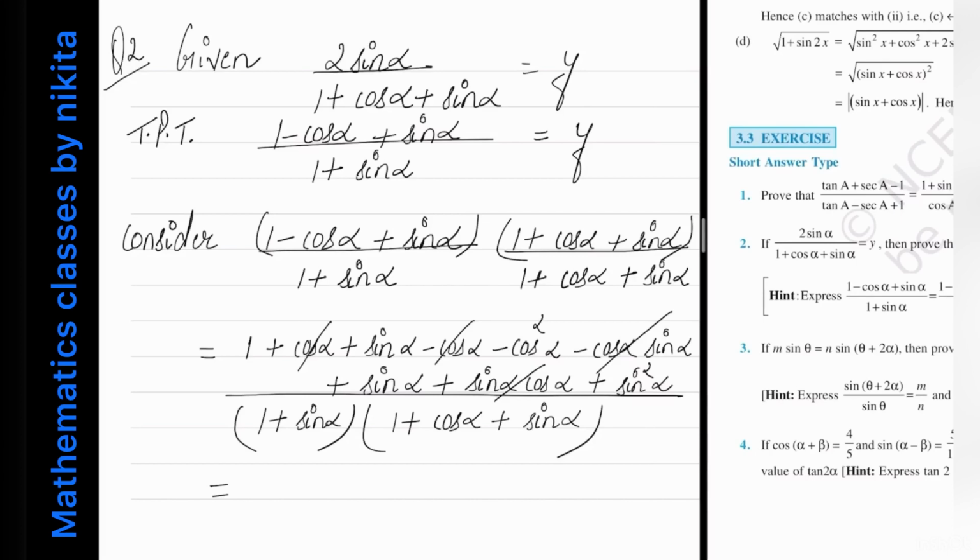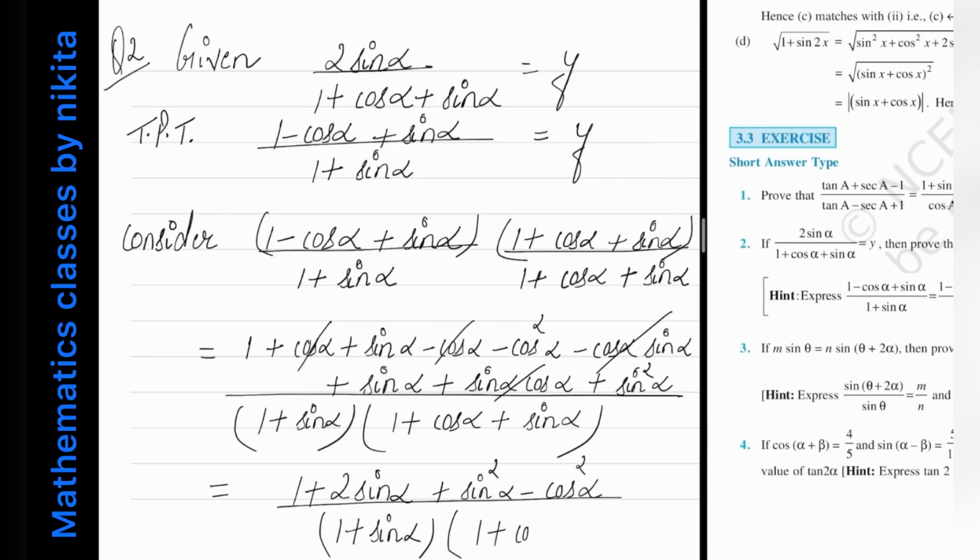So I will have 1 plus sin alpha plus sin alpha, which gives 2 sin alpha, and then plus sin square alpha minus cos square alpha, divided by 1 plus sin alpha into 1 plus cos alpha plus sin alpha.